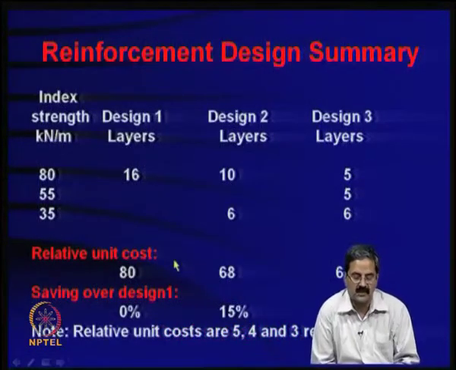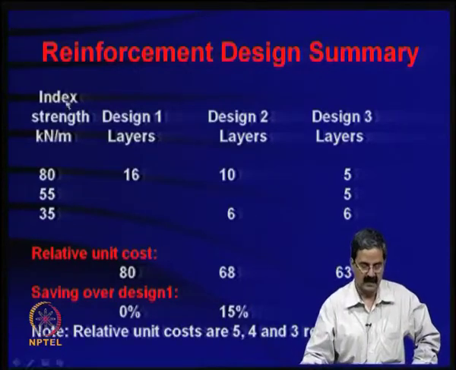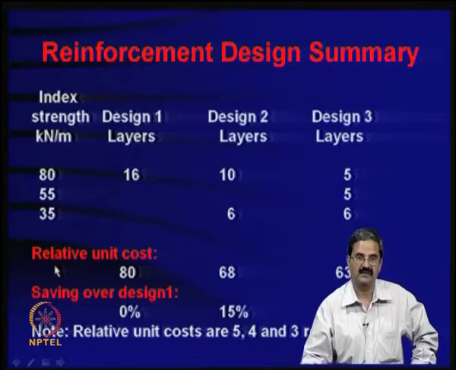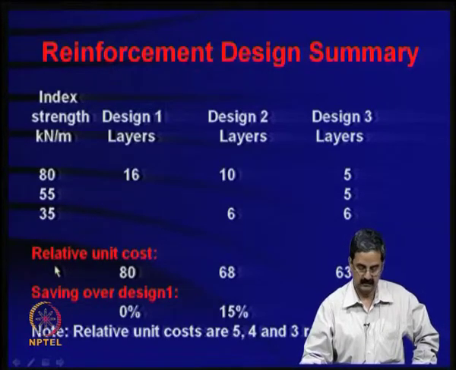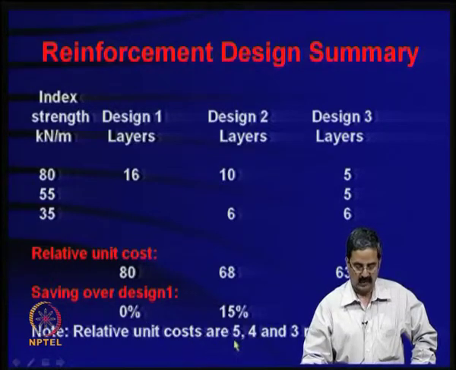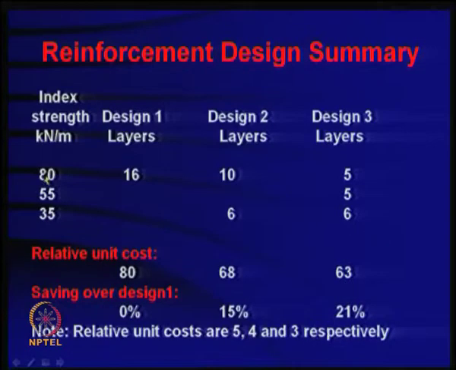What you got in the process was that you had 3 materials: 80 kilonewtons, 55 and 35. Assume the relative unit costs are maybe 5, 4, 3; say in Indian currency 500 rupees, 400 rupees, 300 rupees, right.